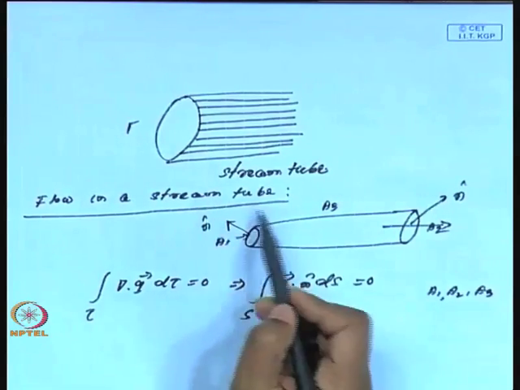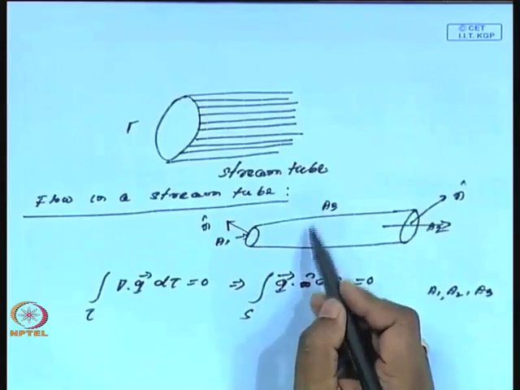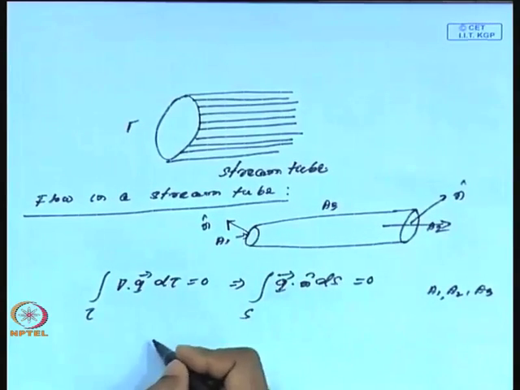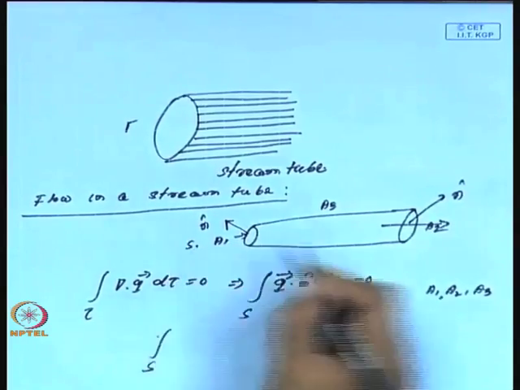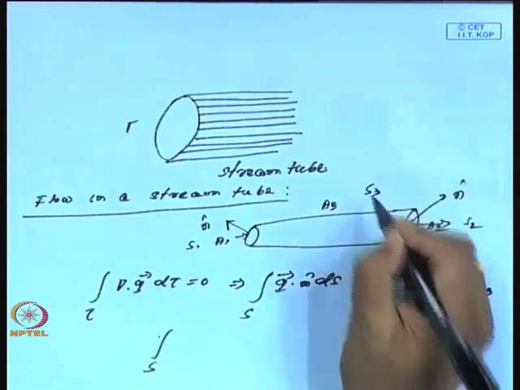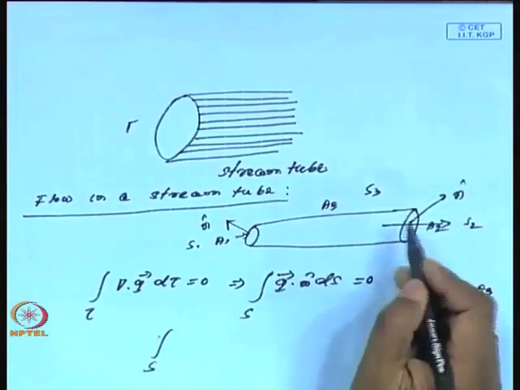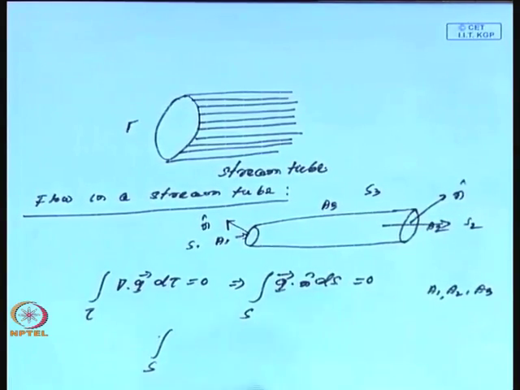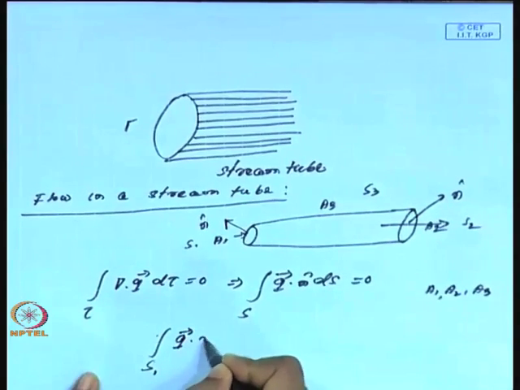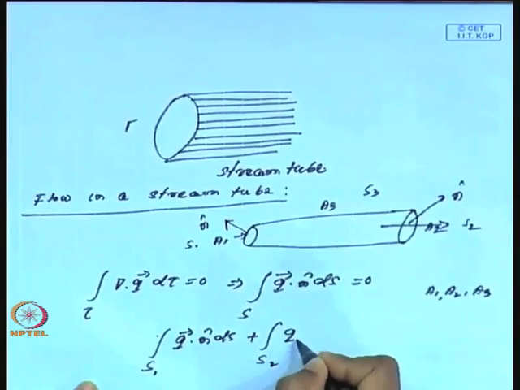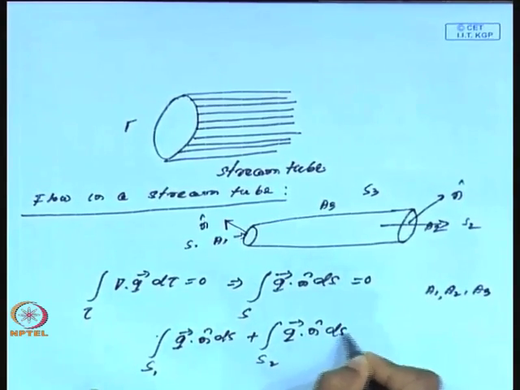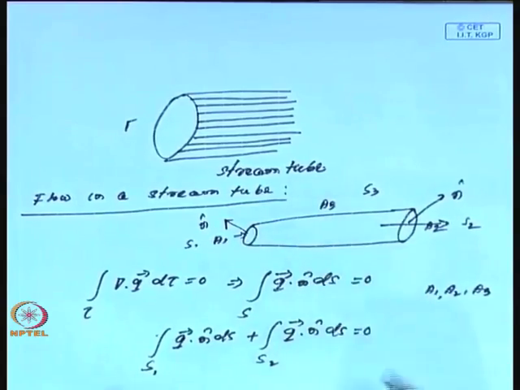Since we have a streamline flow, this is a stream tube and no flow crosses A3. So, we call this surface S1, this S2, and this S3. There is no flow across S3. So, this will be the integral over S1 of q bar dot n hat dS plus the integral over S2 of q bar dot n hat dS equal to 0, because there is no flow crossing the surface S3.